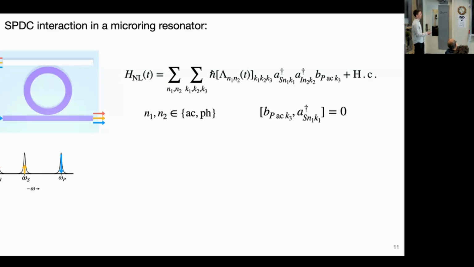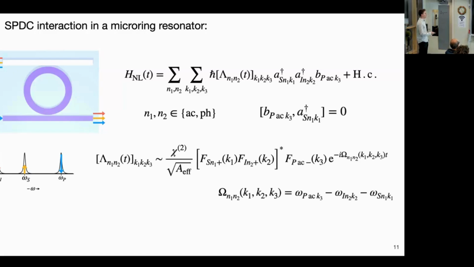And then I'll generate a signal and idler photon in the asymptotic out field in the different output waveguides here. So in the actual and in the phantom, with wave numbers K1 and K2. And lambda is the strength of the interaction.